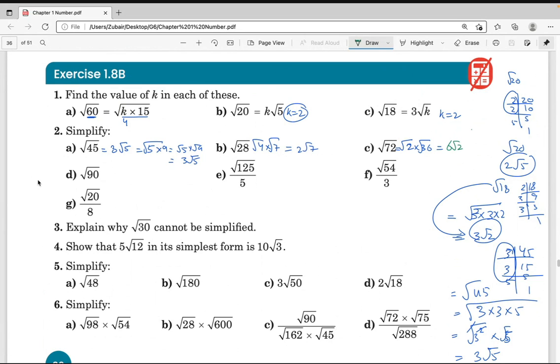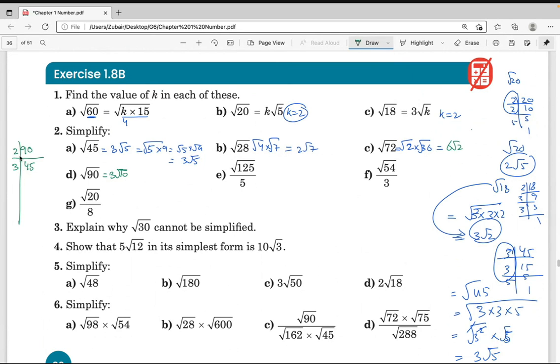No. If you are going through prime factorization, 3 into 5 into 2, that is 10. 3 square root 10. Yes, 3 square root 10. My bad. Ali, do we have the same answer?